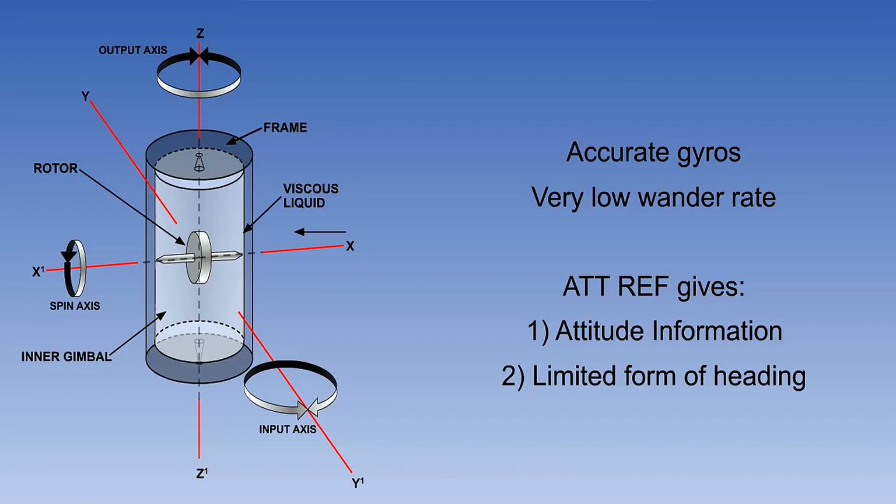The gyros are normally very accurate, but there is no correction for Earth rate and transport wander, and the heading needs to be reset periodically to an independent source, which is usually a magnetic compass. In effect, the gyros are acting as a super-accurate form of DGI and as an attitude indicator.